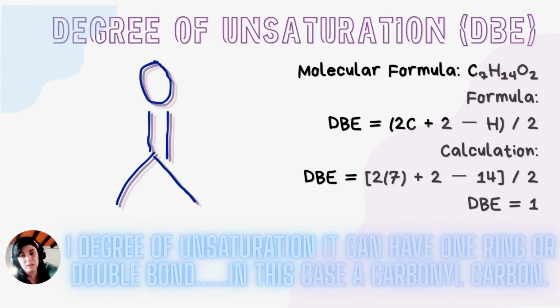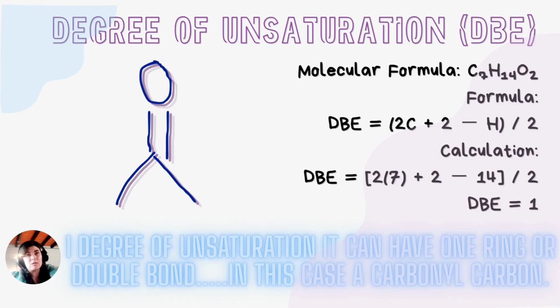Before we get into the details about these processes, I'm going to describe how I got to the degrees of unsaturation. For this calculation, I used the molecular formula, plugged the carbon and hydrogen values in, and got a value of 1. This means that the molecule can have either one ring or one double bond, and in this case, the 1 degree of unsaturation comes from the carbonyl C double bond.